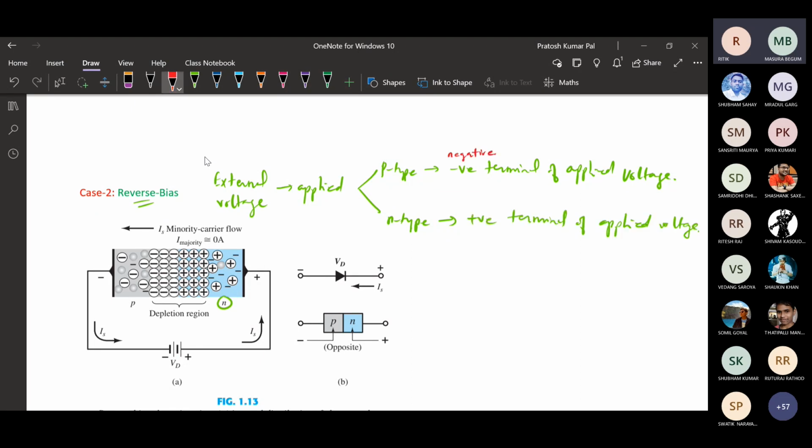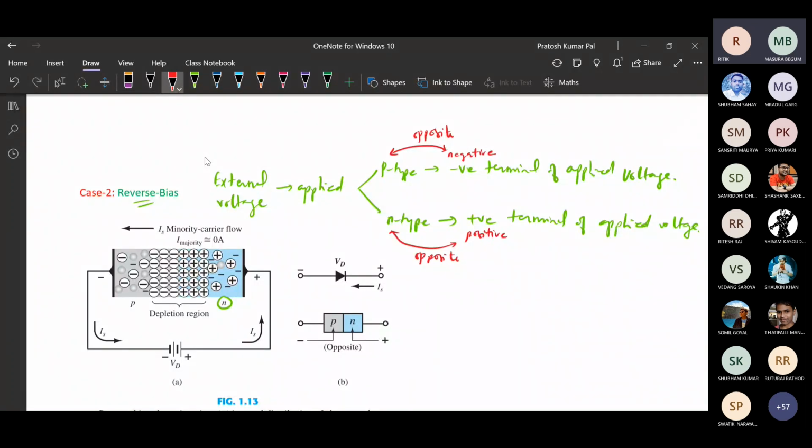So this is p and this is n, that is opposite, no? This p-type is connected to the negative side, which is of opposite nature. Similarly here we can see n-type connected to the positive terminal, so n is opposite to p, that means it is of opposite nature.